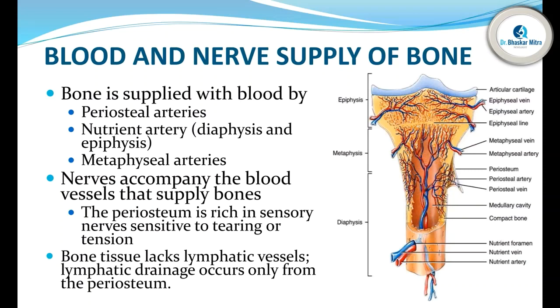Another blood supply is from the periosteal artery. So the periosteal artery and the nutrient artery supply the bone, among which the nutrient artery mainly supplies the diaphysis part and the epiphyseal plate or the growth plate. The nerve fibers pass along with the blood vessels. The periosteum is one of the areas where it is densely innervated.